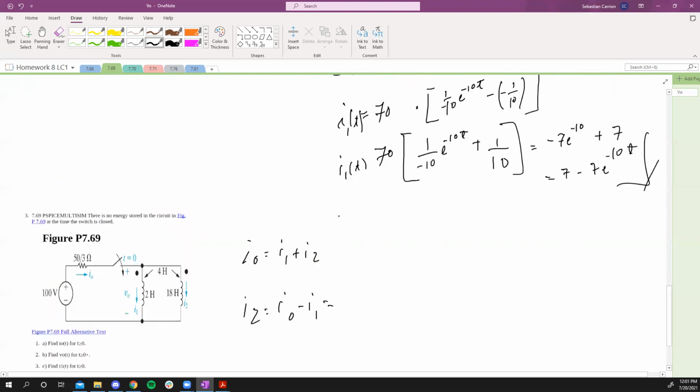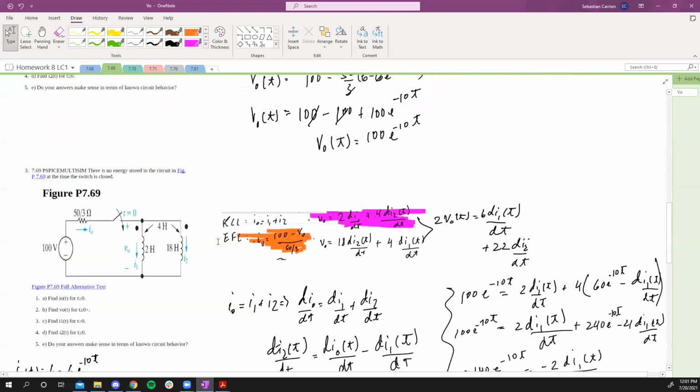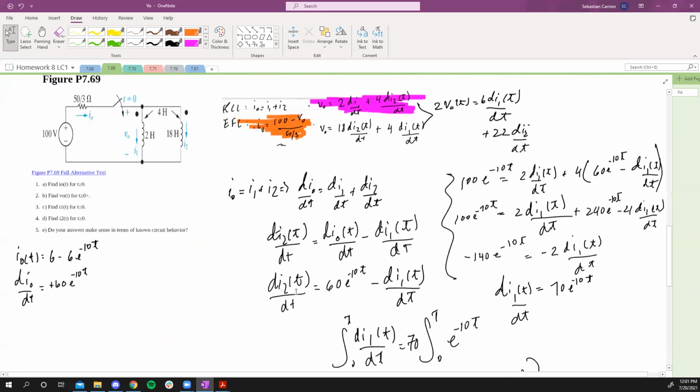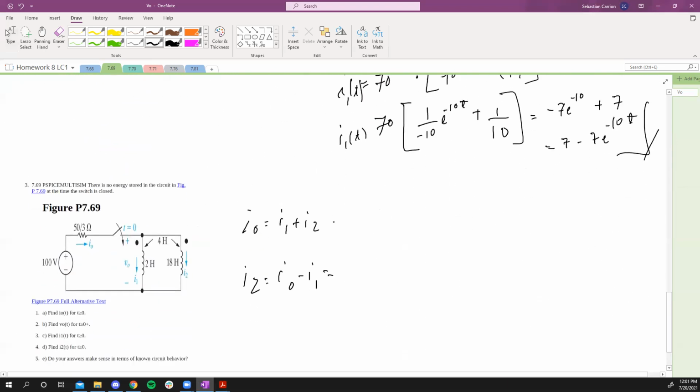I naught is equal to 6 minus 6 e to the negative 10t, minus I1, which is 7 minus 7 e to the negative 10t.